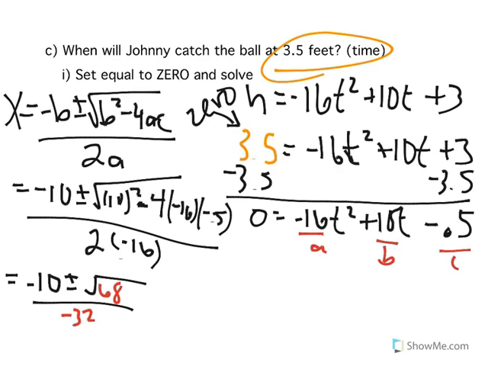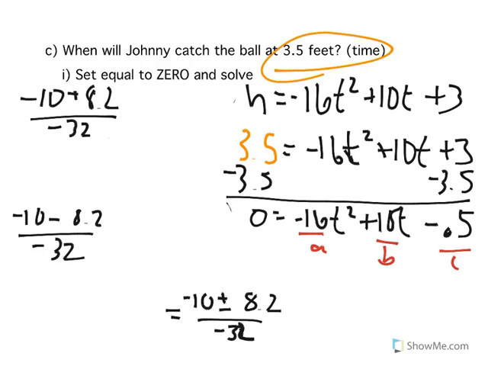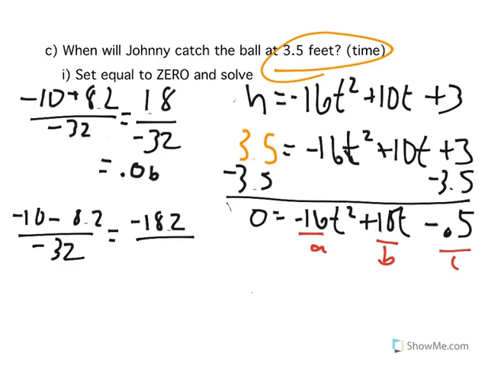Now take the square root of 68. That should give you about 8.2. Divide by negative 32, and that's going to give you about 0.6.